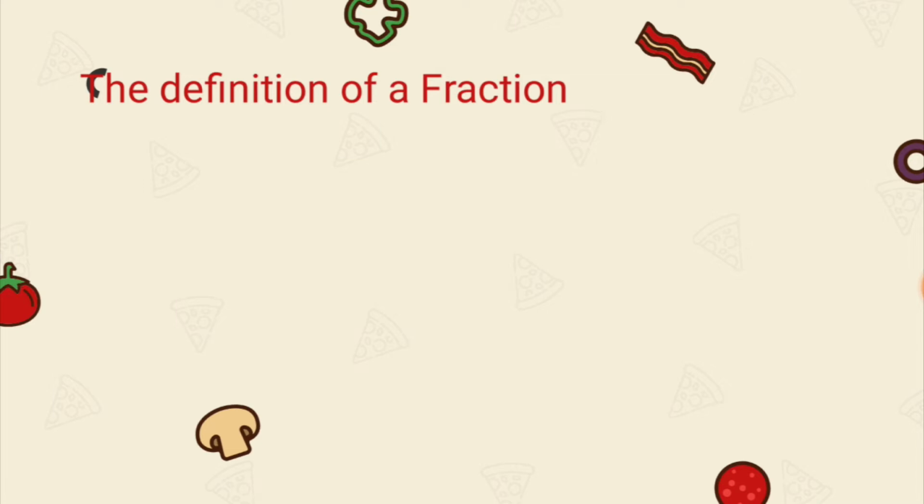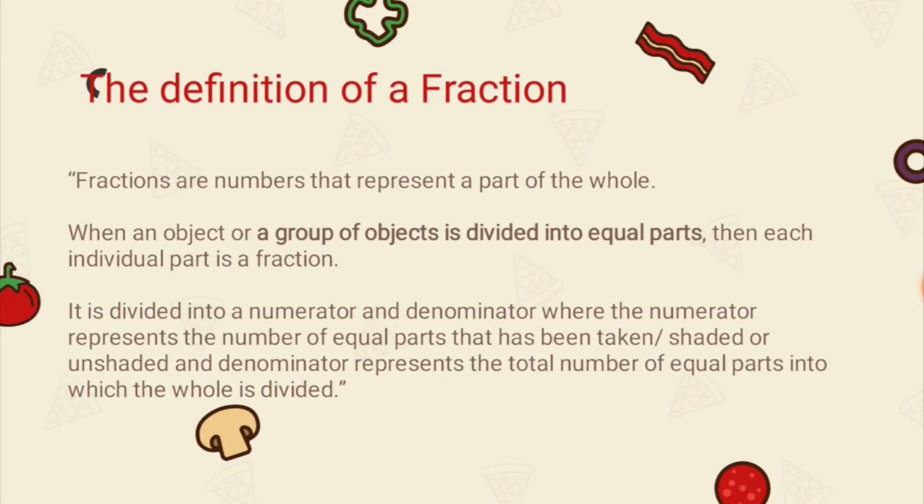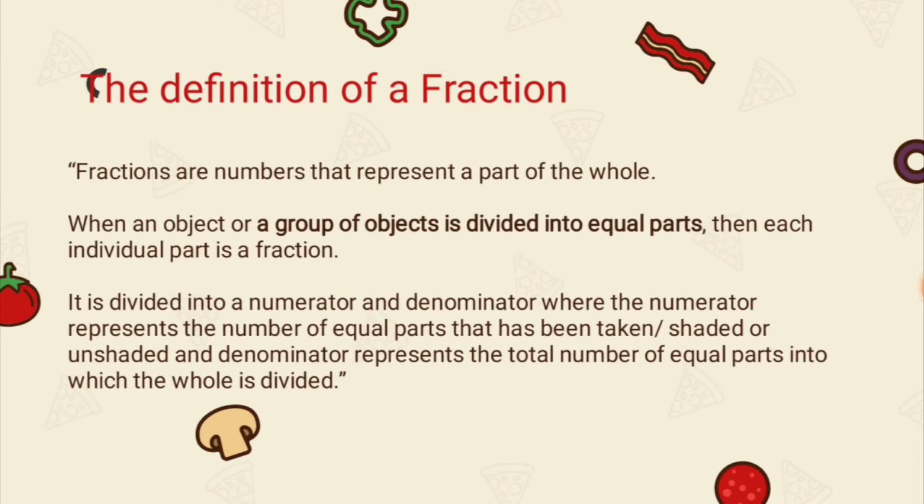The definition of fraction. Fractions are numbers that represent a part of the whole. When an object or a group of objects is divided into equal parts, then each individual part is a fraction.